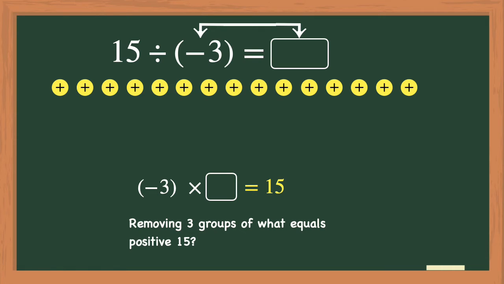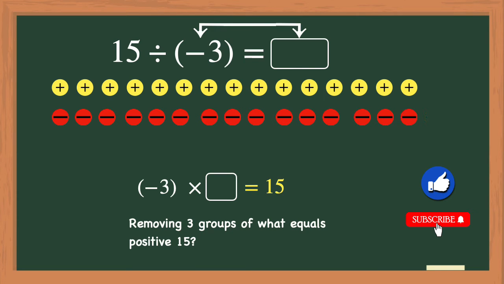Well, we know that 15 divided into groups of 3 will give us 5 equal groups. But if we remove these 5 equal groups, we will have 0 counters left. And we need to have 15 positive counters left on the screen. This is where using 0 pairs solves this problem. We will create 15 0 pairs by adding 15 negative counters.